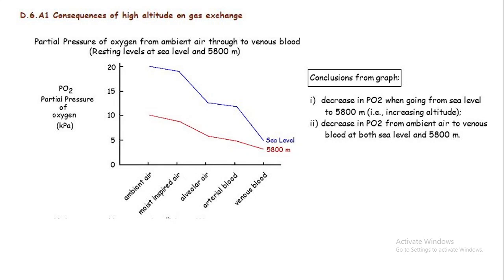There is a drop in the atmospheric oxygen. So while breathing itself, your oxygen level is low. How is that going to get compensated by the body? Okay, let's see what happens.